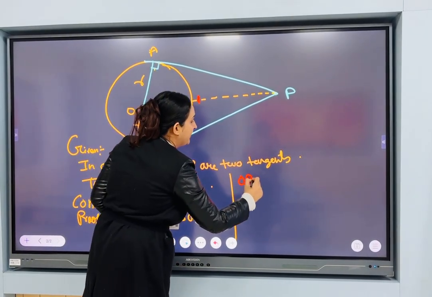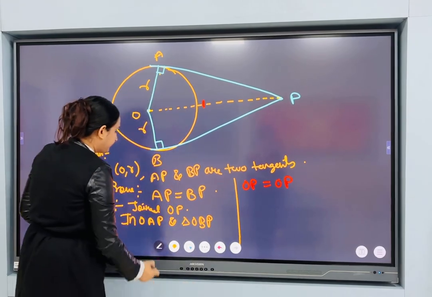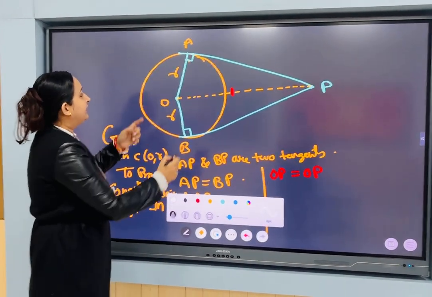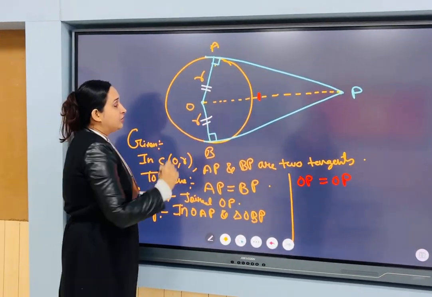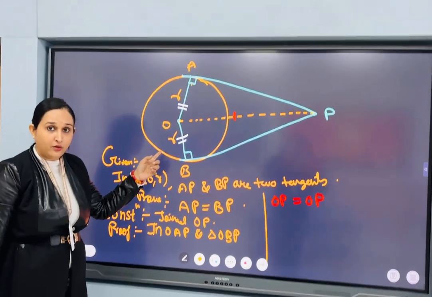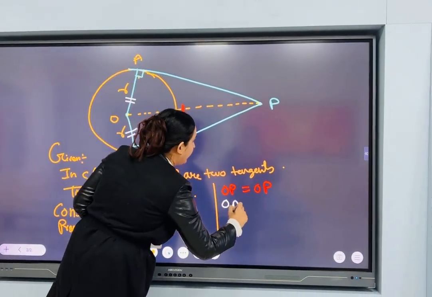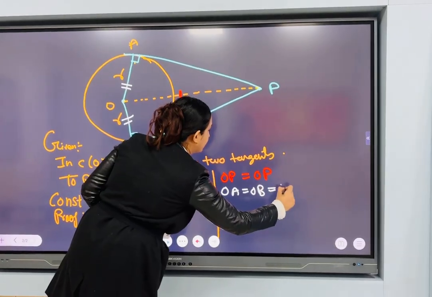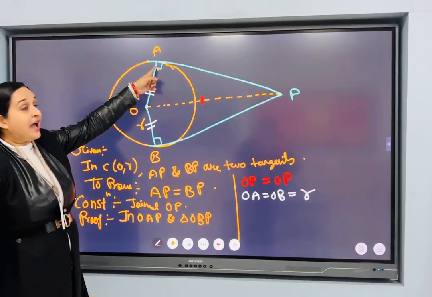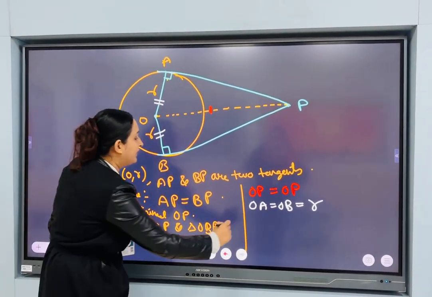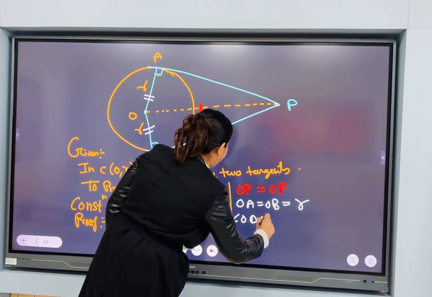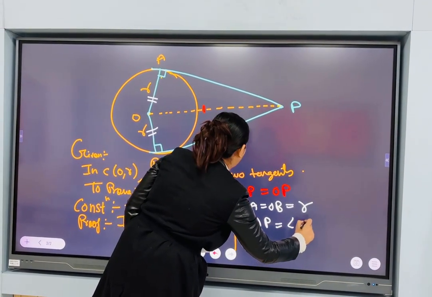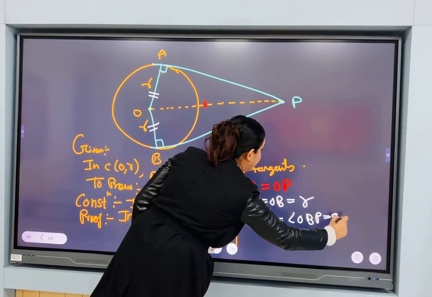So OP is equal to OP. Next, OA is equal to OB by radius of the circle. So OA is equal to OB is equal to R, and angle OAP is equal to angle OBP equal to 90 degrees.